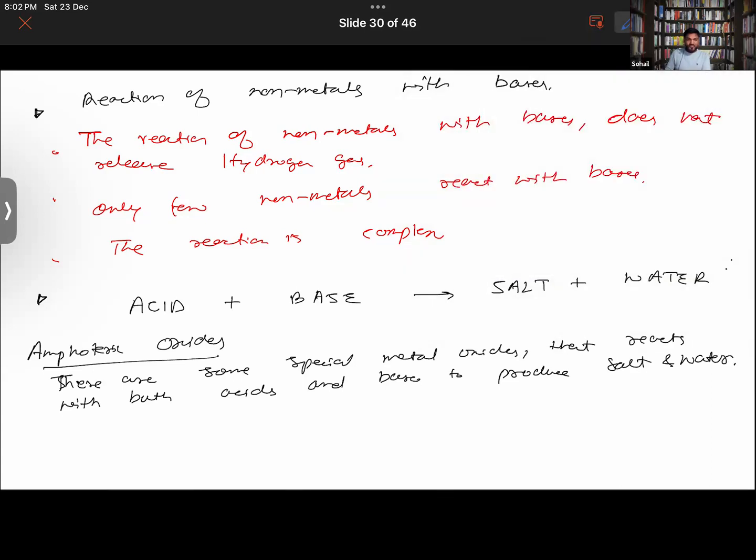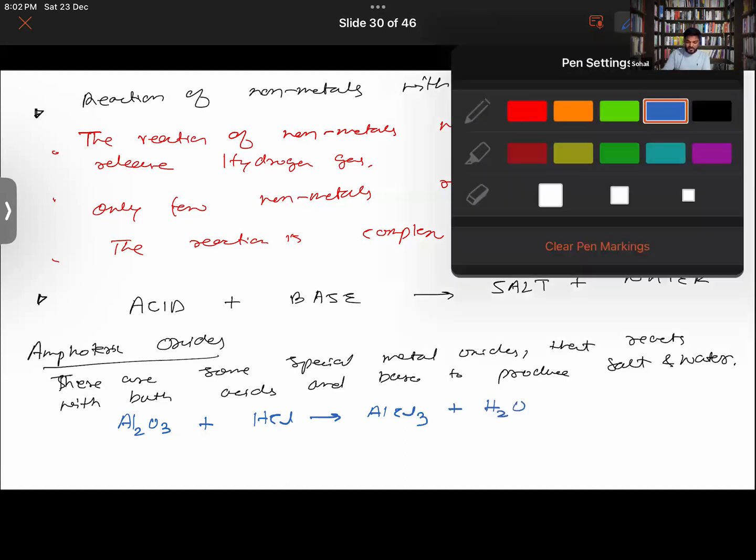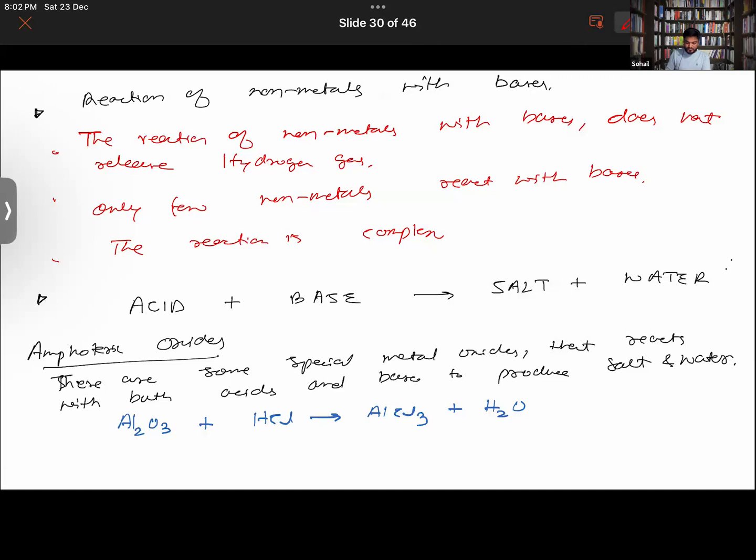So for example, if you have aluminium oxide, that is Al2O3, और ये reaction करता है let's say HCl के साथ, so thereby it will be forming aluminium chloride, AlCl3, and releasing water. Let me write the names of the compounds also. This is aluminium oxide, which we also call an amphoteric oxide.